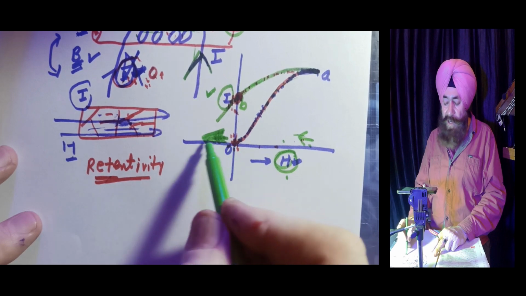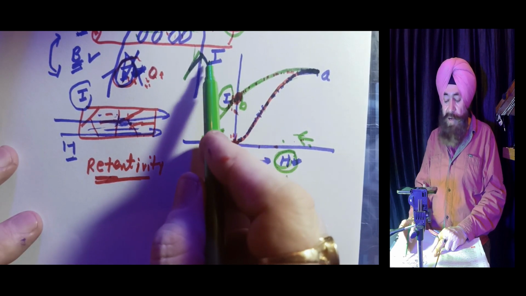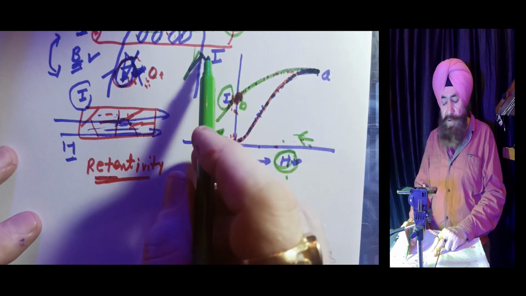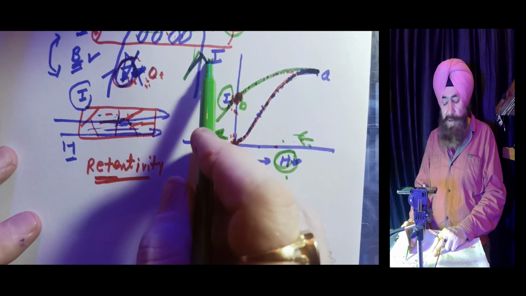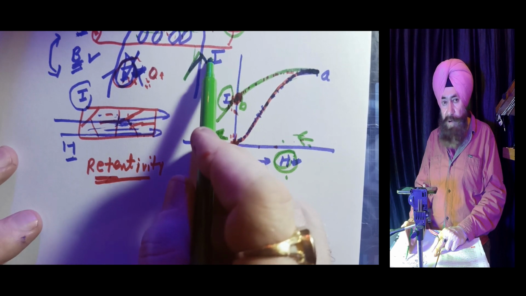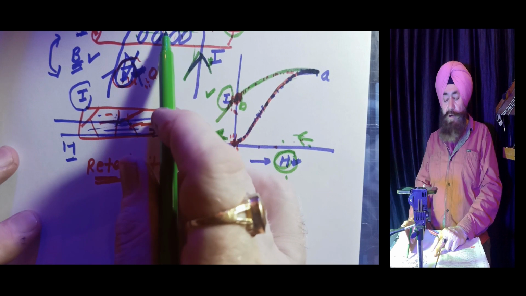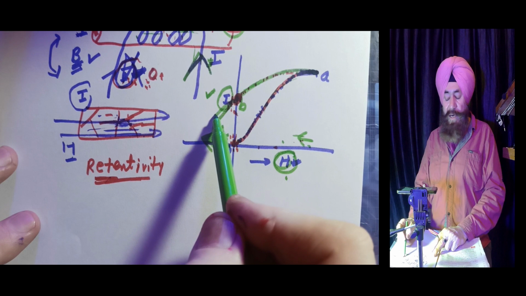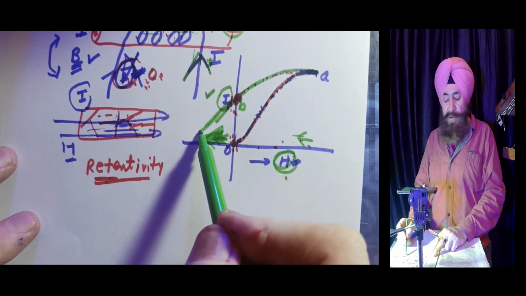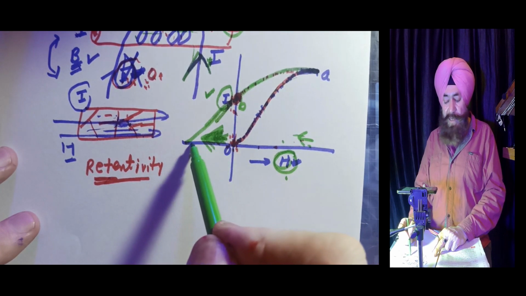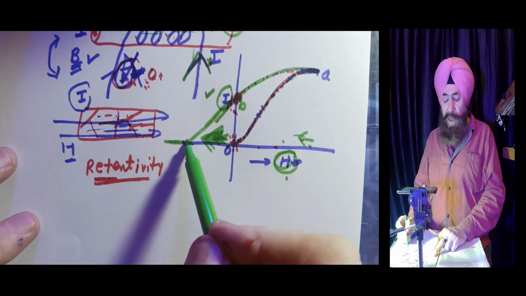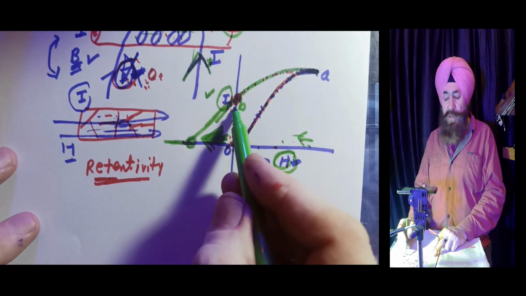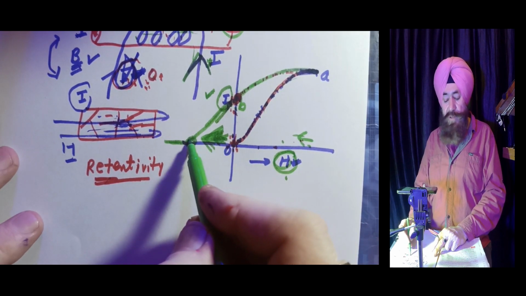Going along this side means you are increasing H again, but in the negative direction. H is having a negative value. Negative value means you made the current flow in the opposite direction. Now H is negative and I is decreasing, the residual magnetization is decreasing. Ultimately, at some value of negative H, the I becomes 0.